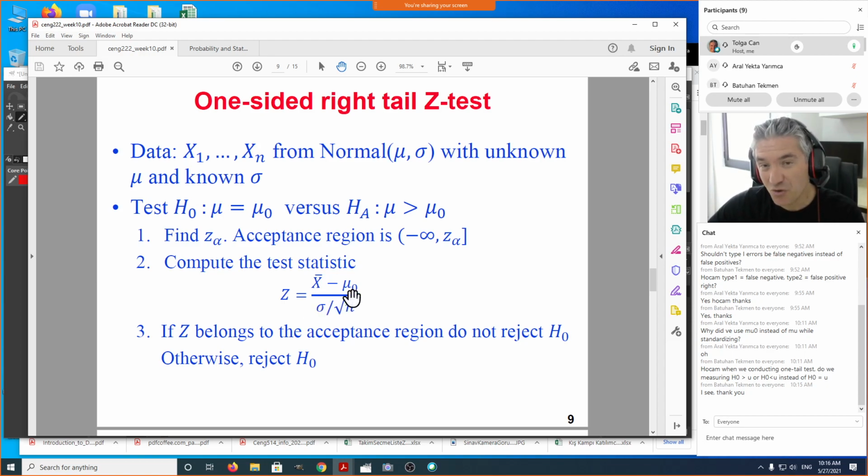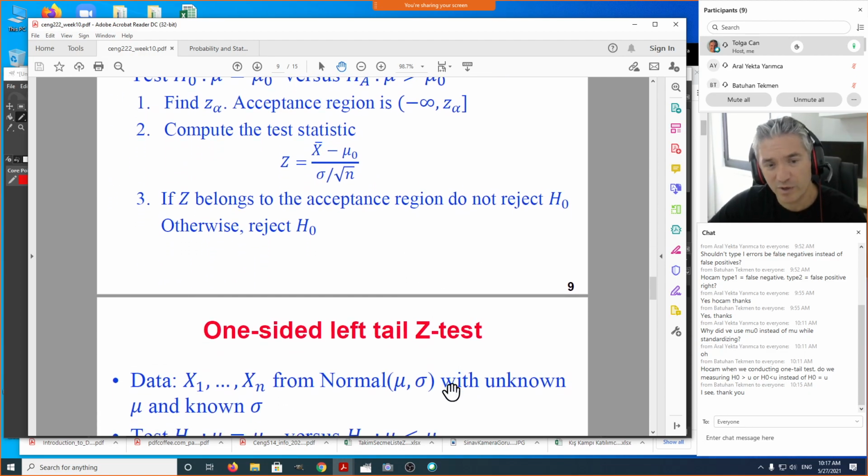So in a standard normal distribution, what is the probability that a value is going to be 8 standard deviations larger than the mean? It's a very small probability, right? Therefore, this sample is probably not coming from H0. Therefore, I'm going to reject H0 in favor of the alternative hypothesis. So this is what we will be doing.